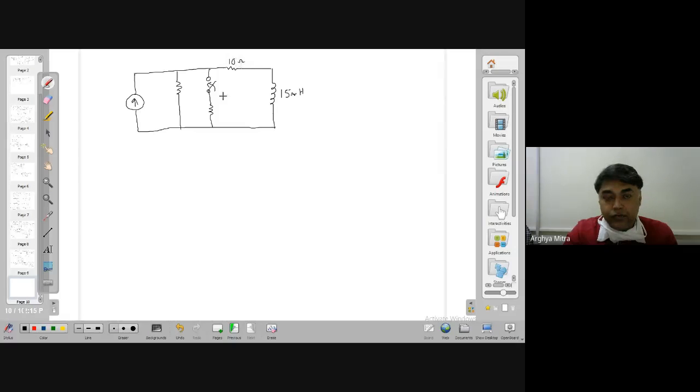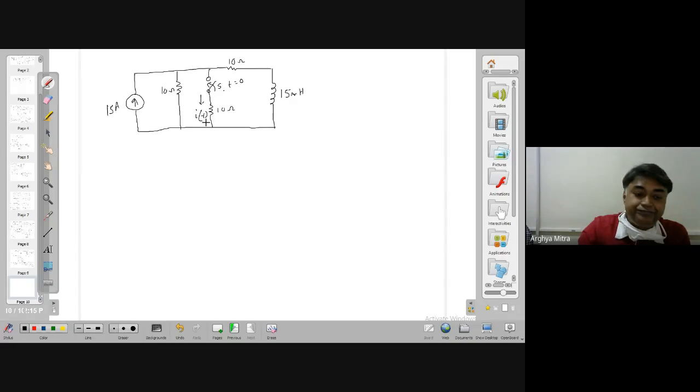This is 10 ohm. This is 10 ohm. This switch is closed at t equal to 0. The current flowing through this is I of t. This is also 10 ohm. This is 15 ampere. It is asked to find I of t.